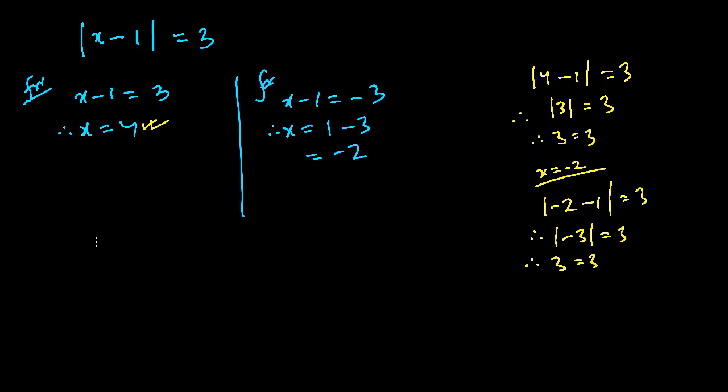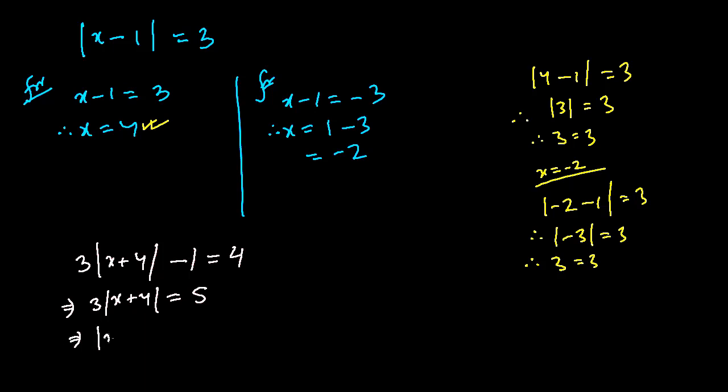Now let's do something a little bit more difficult. Suppose we have 3 times the absolute value of x plus 4, minus 1, equals 4. In an equation like that, what we have to do is make the absolute value absolutely free on the left hand side. So we can write 3 times absolute value of x plus 4 equals, this minus 1 goes to the other side, it becomes 5.